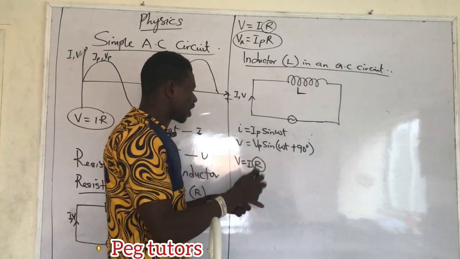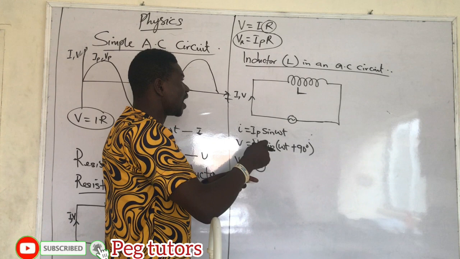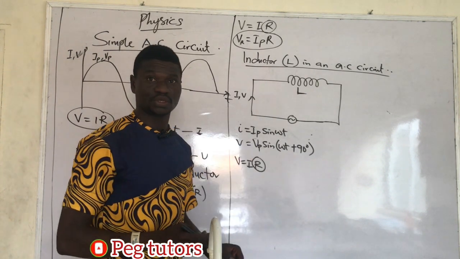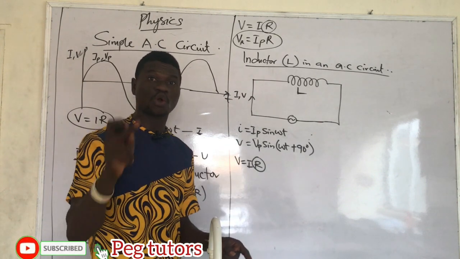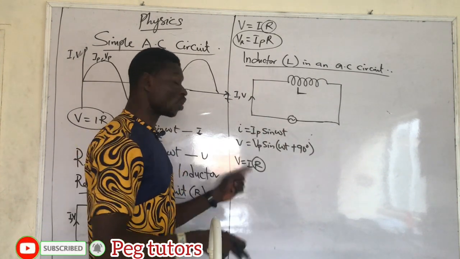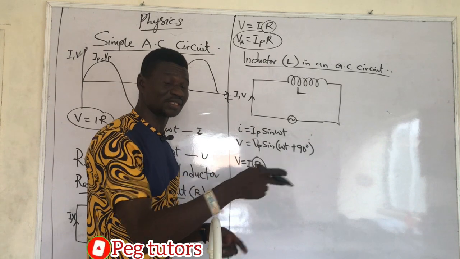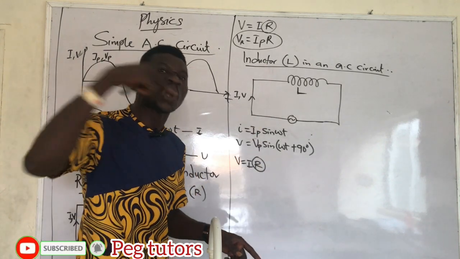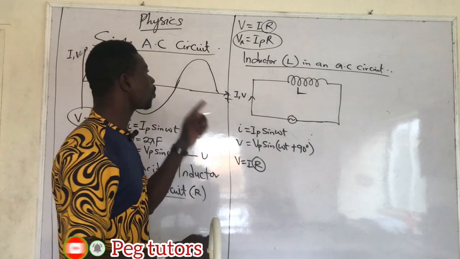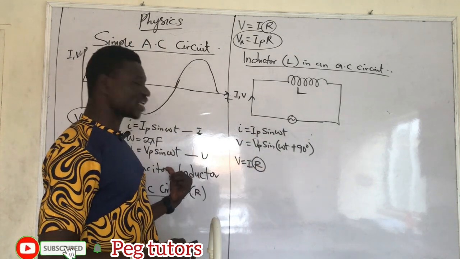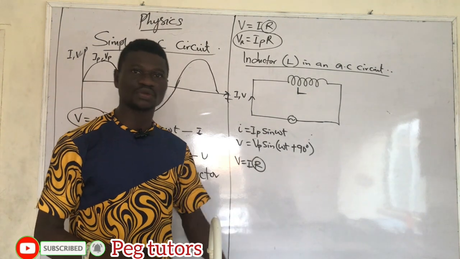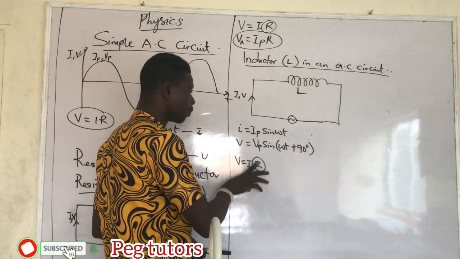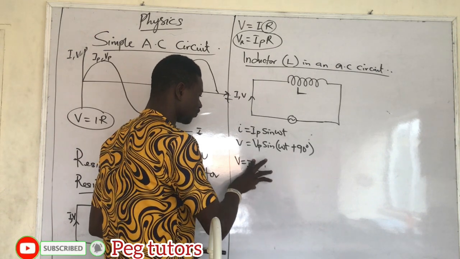Now the question is, what is the opposition that the inductor is offering to the AC circuit? This opposition is what we call reactance. Yes, it's no longer resistance, but it becomes reactance. So the opposition of an inductor to an AC circuit is called inductive reactance, while the opposition of the capacitor in an AC circuit is called capacitive reactance. So instead of putting R there, you put the value for the inductive reactance.